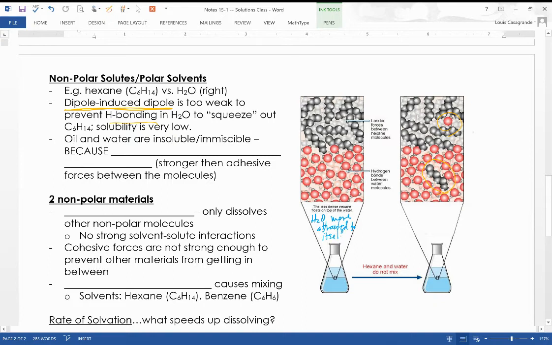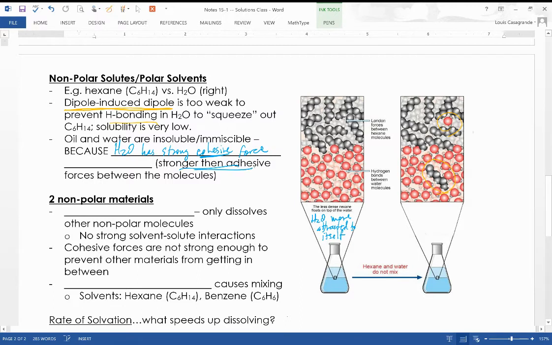Again, it's not that the water is repelled by the hexane, it's just that it's more attracted to itself. So H2O, let's write that in the line up here, has strong cohesive forces.